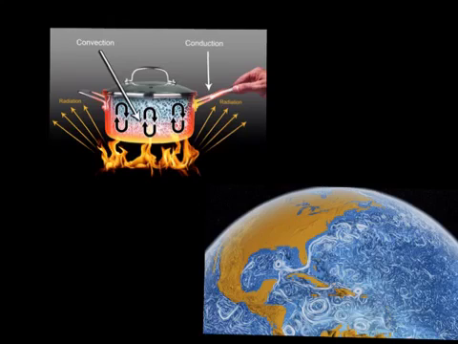So to review, the three types of heat transfer are conduction, when two objects come in contact with one another; radiation, where energy is radiated from the sun and absorbed by the earth; and convection, the movement in a fluid due to differences in density, with warm fluid being less dense and rising, and cooler fluids being more dense and sinking to take the place of the warm that has risen.